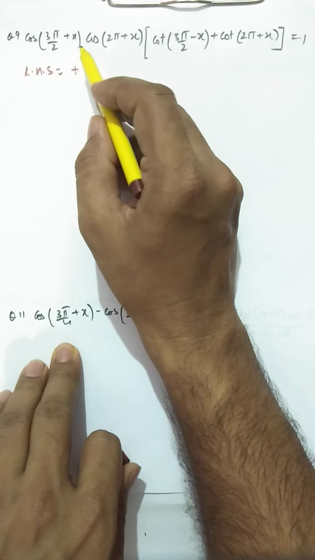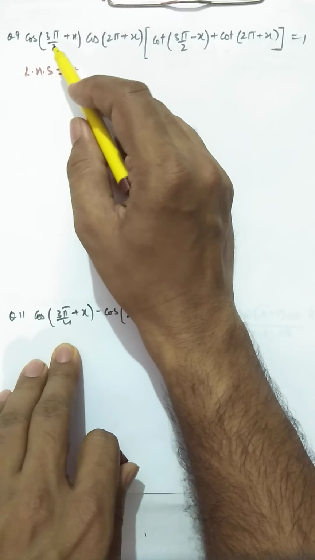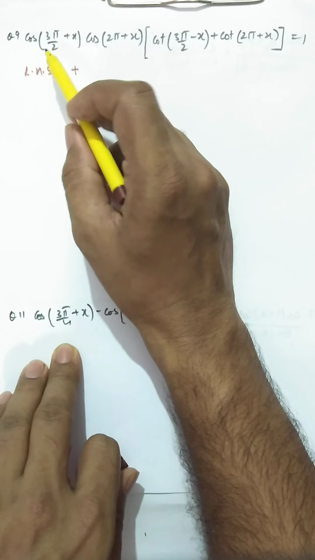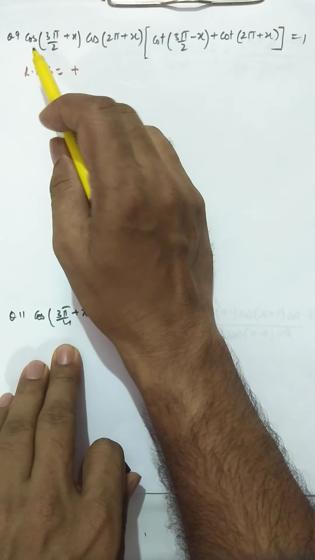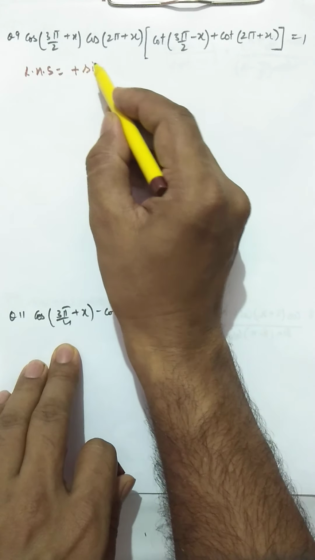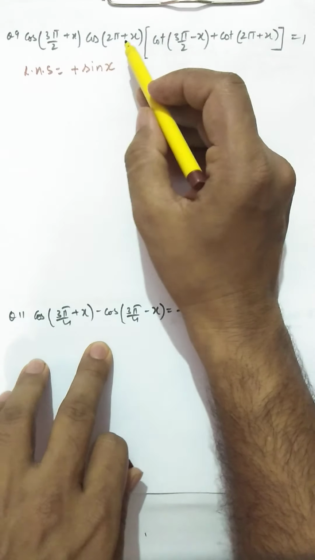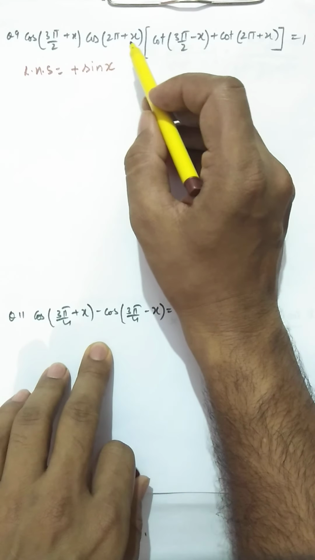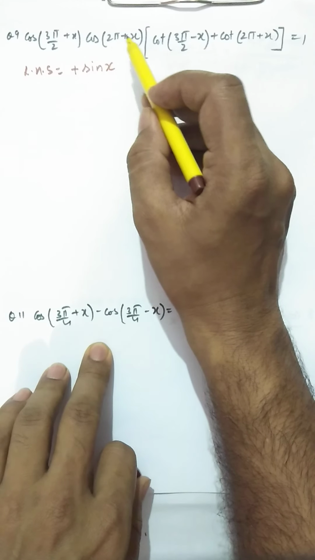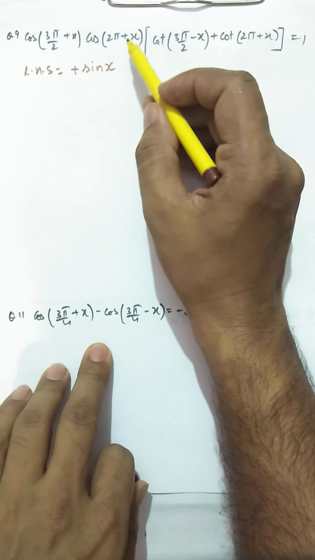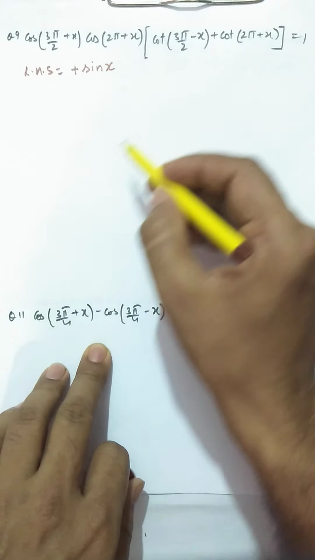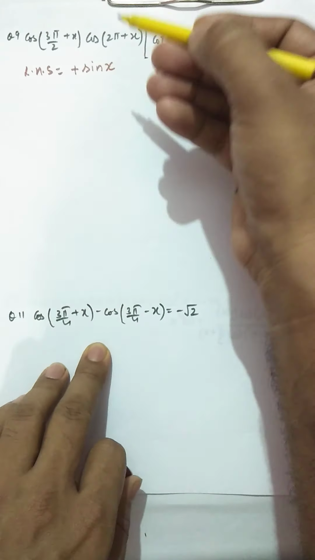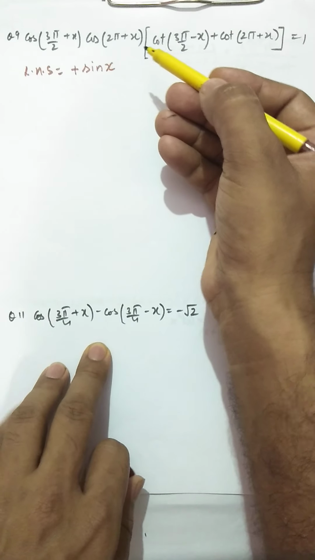And 3 pi by 2 plus x, at 3 pi by 2 the function changes. Remember this, that at 3 pi by 2 and 90 the function changes, so cos will become sine. So this is going to be sin x. Now come to this cos 2 pi plus x. When you do 2 pi plus x, meaning 360 plus x, you are now moving to first quadrant, because 360 is the complete revolution and plus something you are adding, so you are reaching first quadrant.